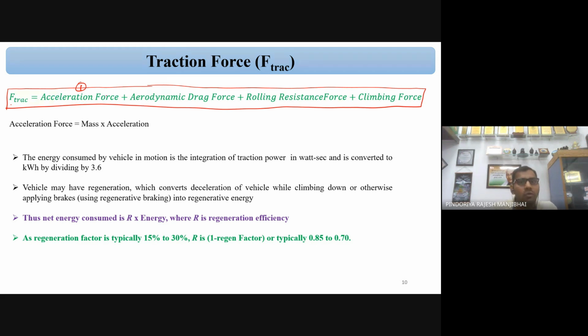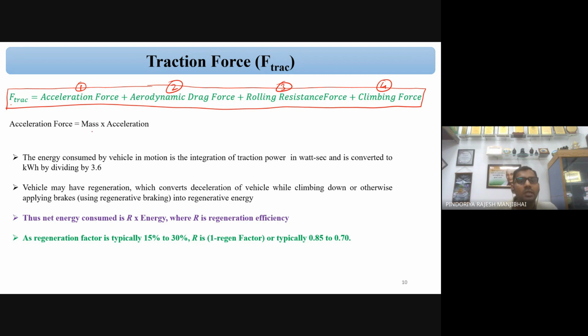Second, the aerodynamic drag force. Third is the rolling resistance force, and fourth one is the climbing force. So we can combine these 4 components, and whatever total force in Newton, that is your traction force.